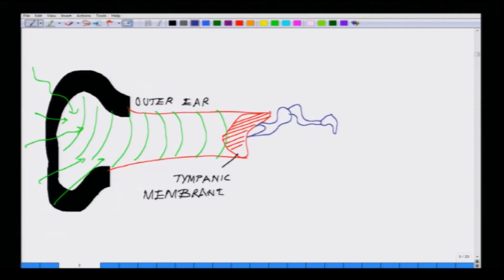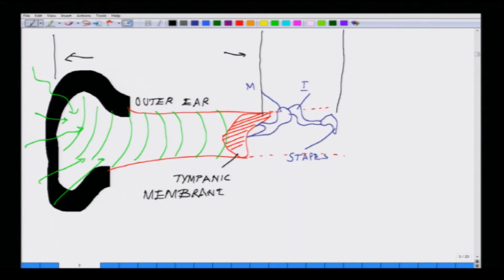So, this is bone 1, malleus, and this is stapes. This constitutes your middle ear. Up to this you have the outer ear, and this is what constitutes the middle ear.